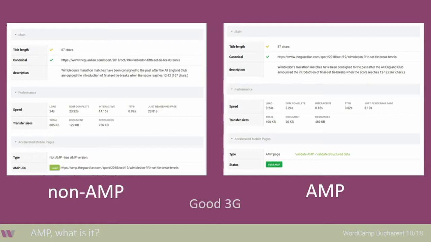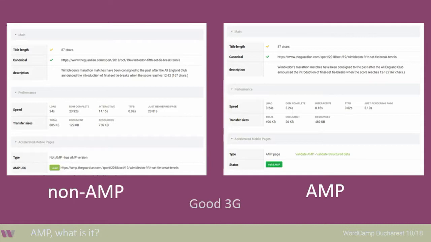I mean, not many of your sites are going to load such a big page with so many things, many AJAX requests and all of that in 3 seconds. And just to mention it, it's even worse if you look at the same page on a good 3G network, something that might happen here, for instance, when you're inside a building or in some other places in Romania or elsewhere.